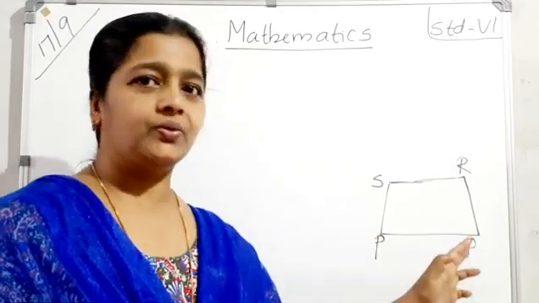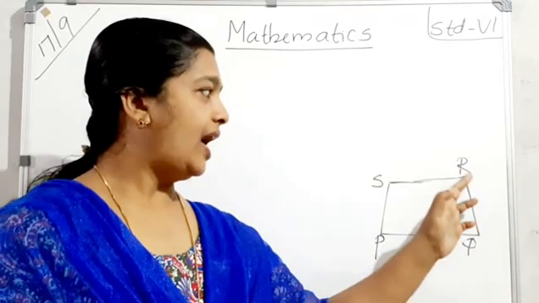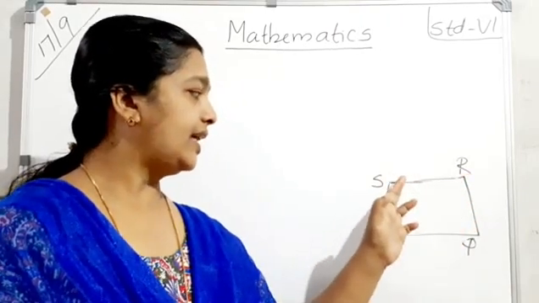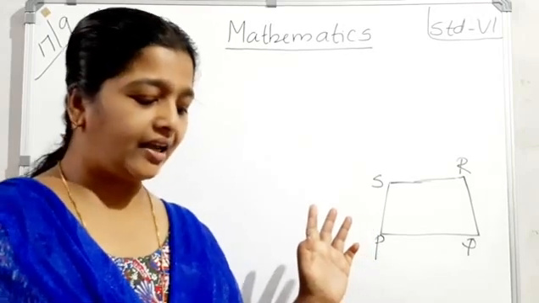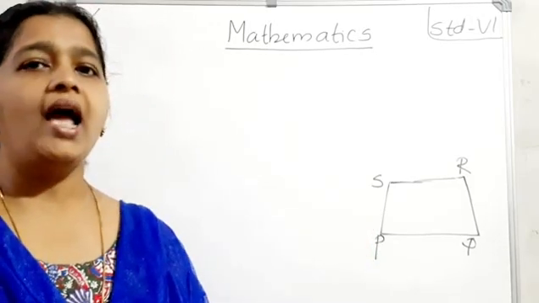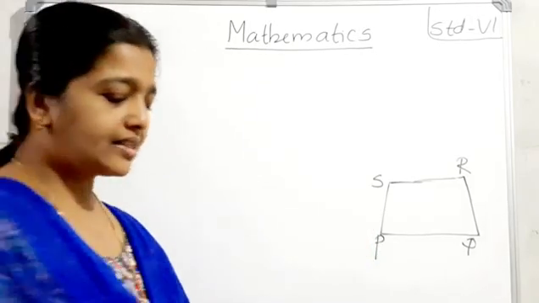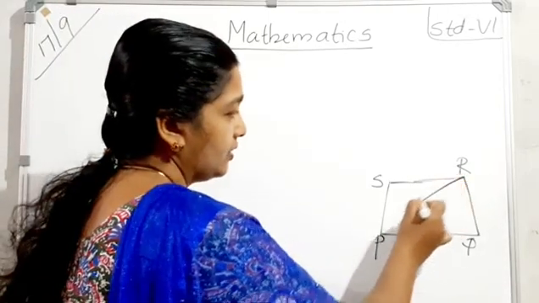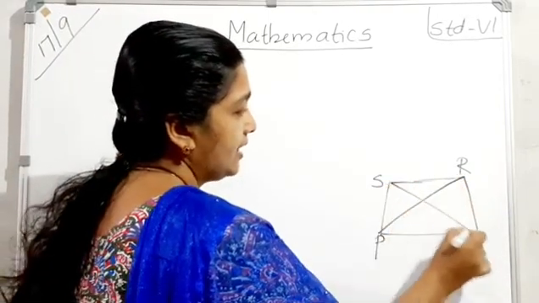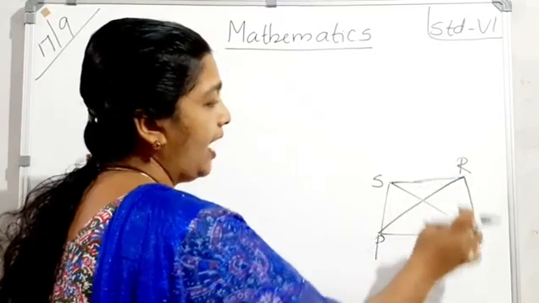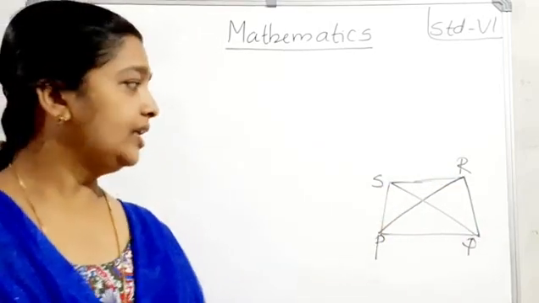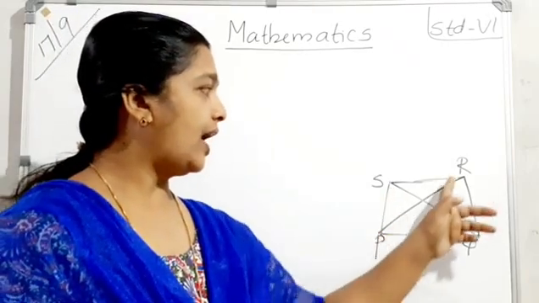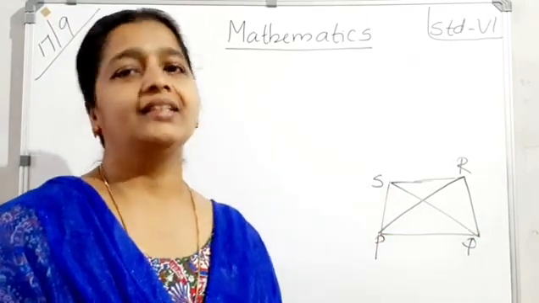P, Q; Q, R; R, S; and S, P, etc. Then what is a diagonal? A diagonal is the join of two non-adjacent vertices. These are diagonals. From the figure, the two diagonals PR and QS.